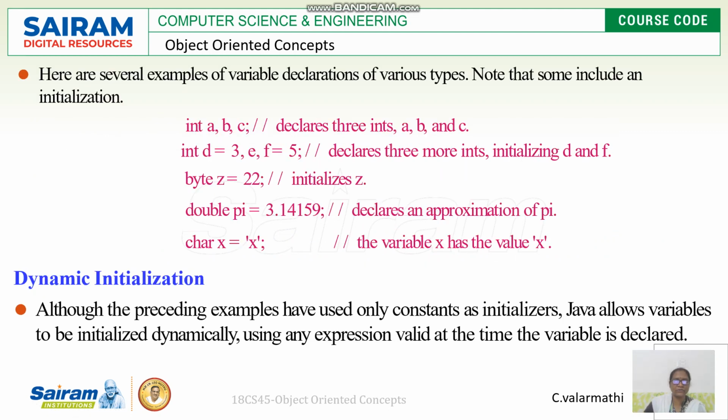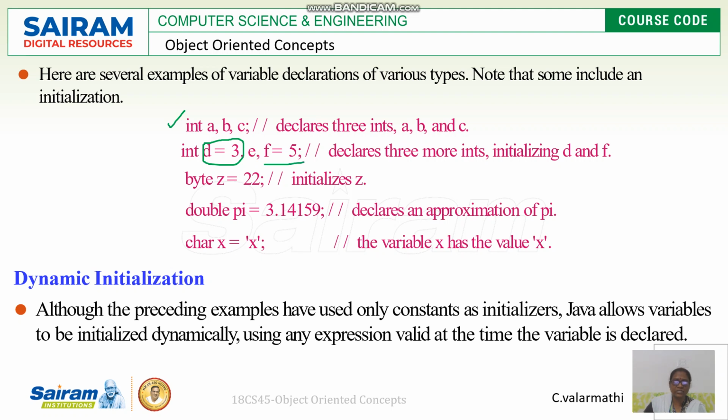Let us see some examples of variable declaration. The first one is int a, b, c. It declares three integers. Another is int d = 3. Here the value of d is assigned as 3, which is called initialized. And e is not initialized, it is just declared.